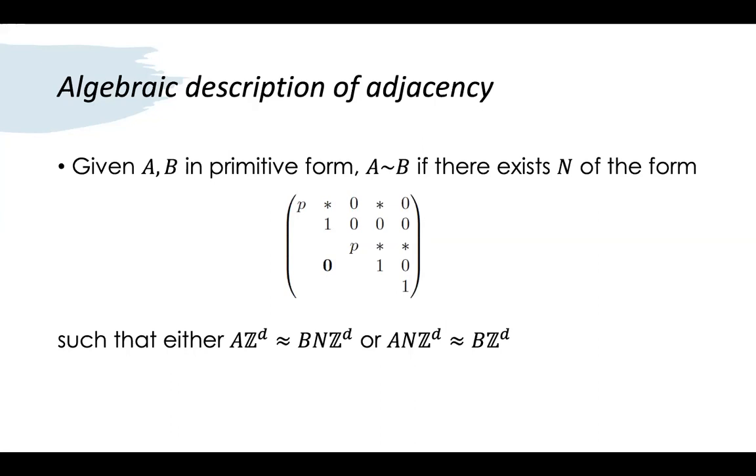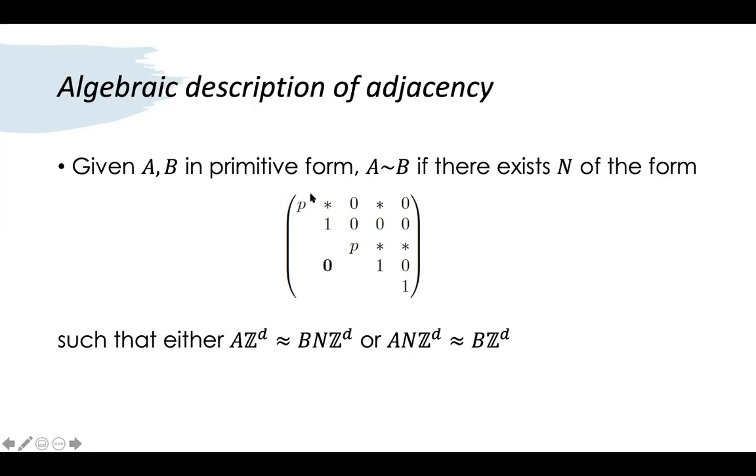Two vertices are adjacent if you take one of these kinds of matrices. So what are these kinds of matrices? There are p's on the diagonal and 1s on the diagonal. These are the only numbers that can appear, either p or 1. And at any entry that has a P on the left and a 1 on the bottom, you can write any number between 0 and P minus 1.